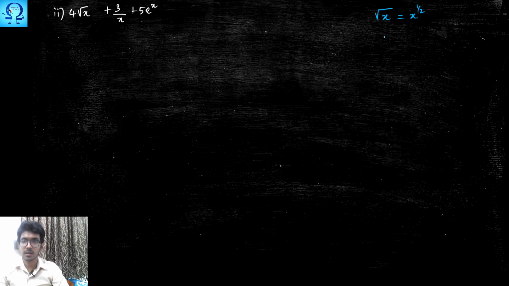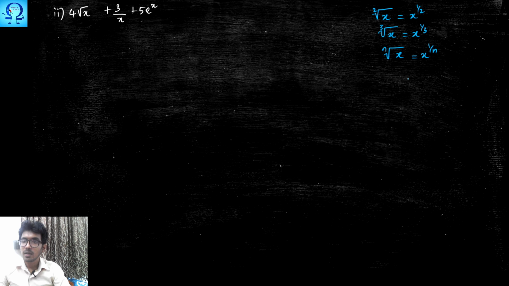If you have cube root of x, it is x power 1 by 3. In general, if you have nth root of x, this may be written as x power 1 by n. These are some shorthand notations which we can write like this. If we simply write it like this, we are finding the square root.